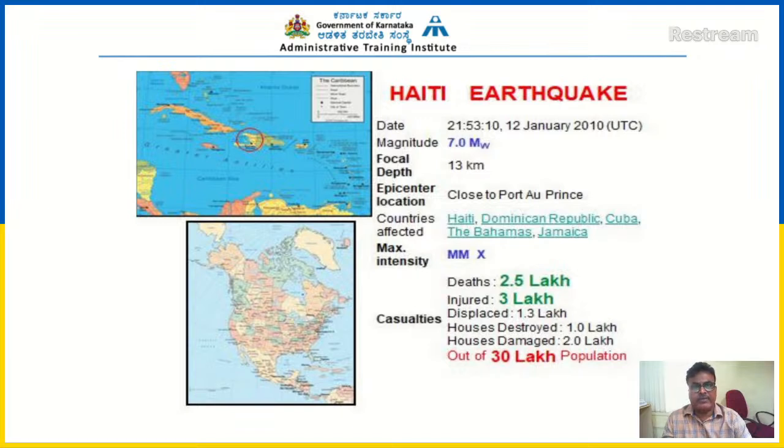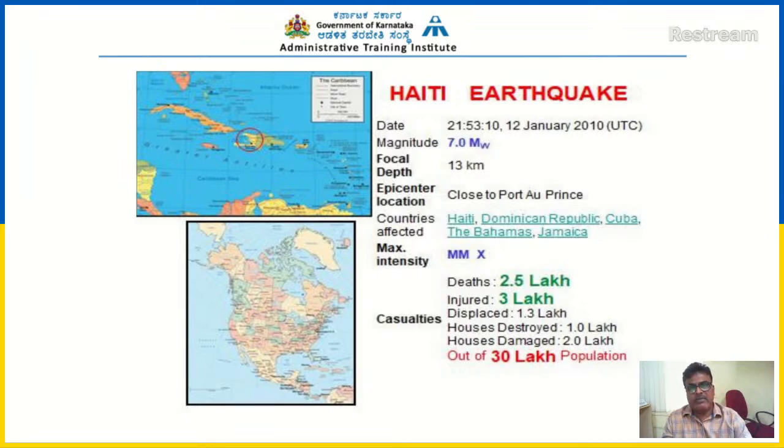Its magnitude was 7, and intensity almost 10. If you compare the Haiti earthquake with the Bhuj earthquake, they are almost the same in magnitude. It happened in 2010, but Bhuj happened in 2001 in the month of January.